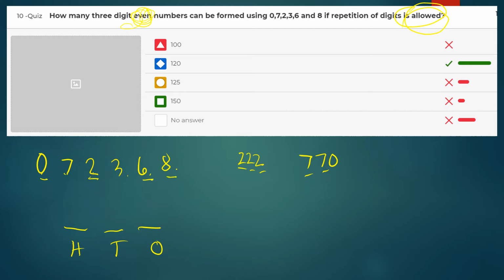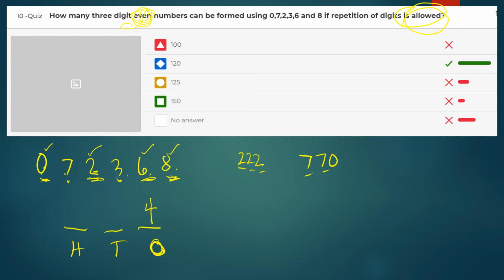Hindi siya pwedeng mag-end ng 7, saka 3. Tama? Kasi hindi na even number yun pagka ang last digit ay 7 saka 3. So, ang pwede lang natin dito sa ones digit natin will be 0, 2, 6, and 8. So, that will be 1, 2, 3, and 4. So, you will be writing here 4.